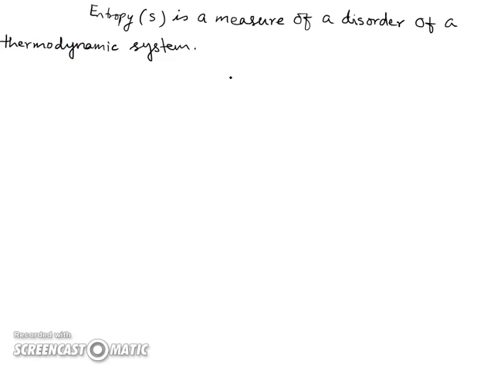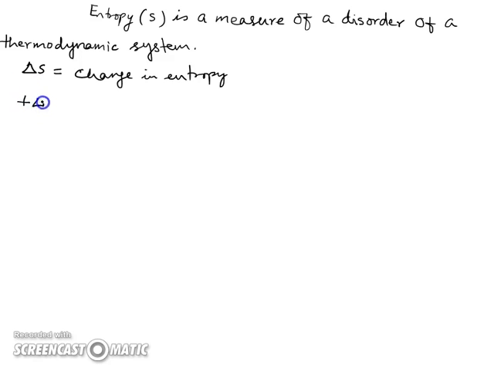Entropy can be defined as a measure of the disorder of a thermodynamic system. In the previous example, since volume is more, the molecules have more disorder. They can move more randomly, right? Delta S is the change in entropy, right?